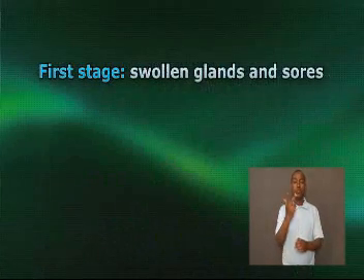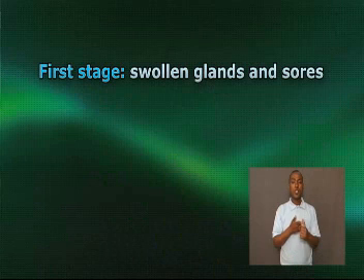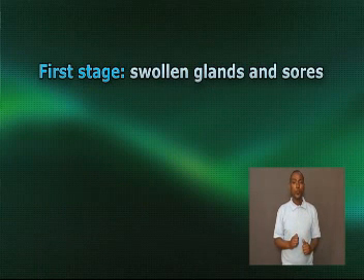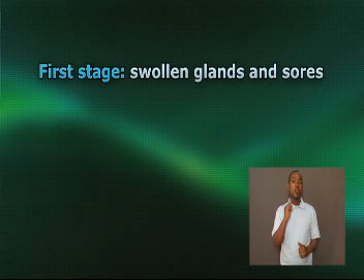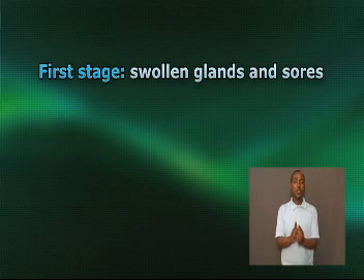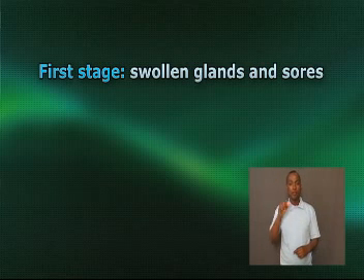Syphilis progresses in 3 stages. The first stage of this infection involves having swollen glands and painless sores around the area of initial contact, such as the penis or the entrance to the vagina.